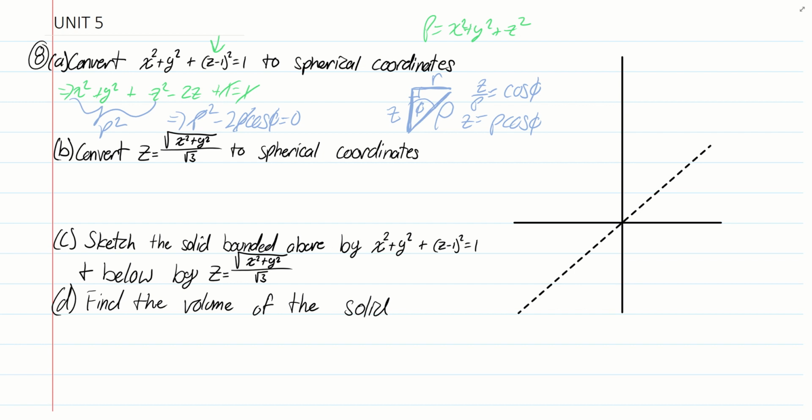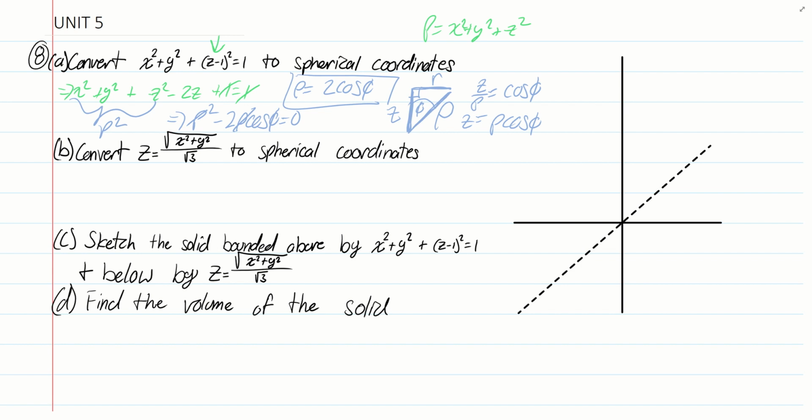So it already contains rho equals 0. That makes our equation now rho equal to, moving this to the other side, 2 cosine phi. So this is our equation. This already contains rho equals 0, so we don't need to worry about saying rho cannot equal 0, whatever it happens to be.